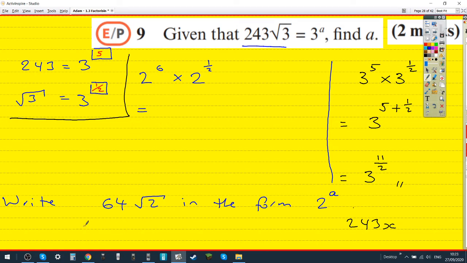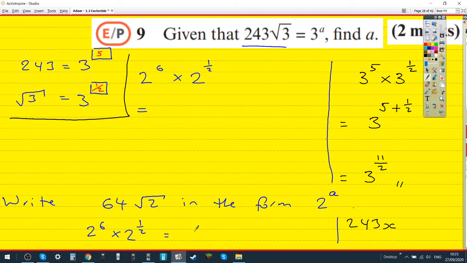And then you'd add it, so 2 to the power of 6 add a half, which would be 13 over 2. Well done.